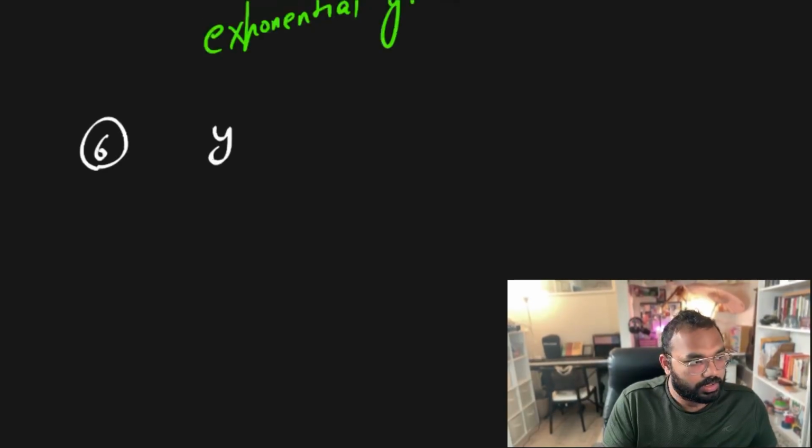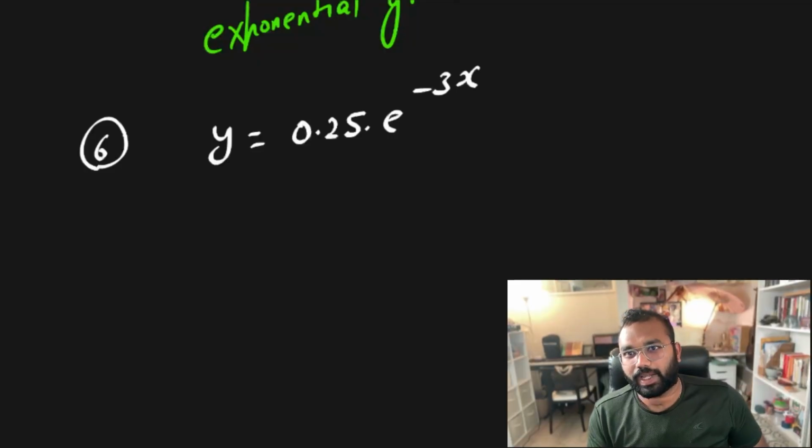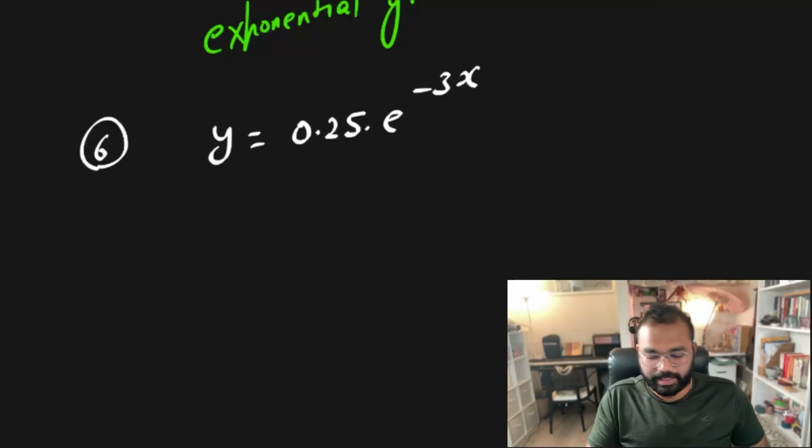Next problem, y equals 0.25 times e to the power of negative 3x. Initial value 0.25 and b value is e to the power of negative 3.